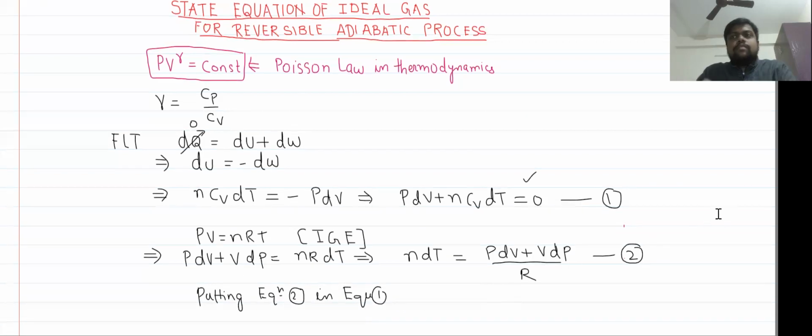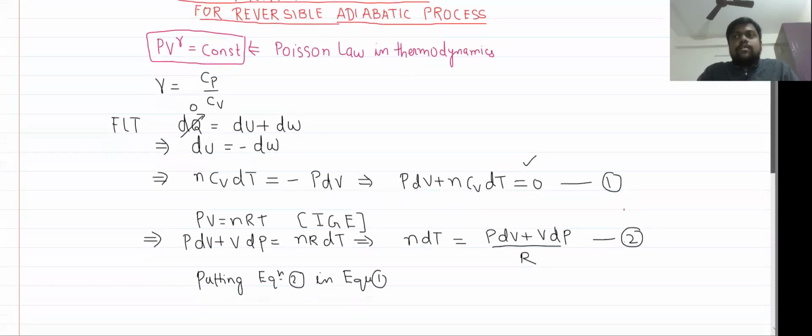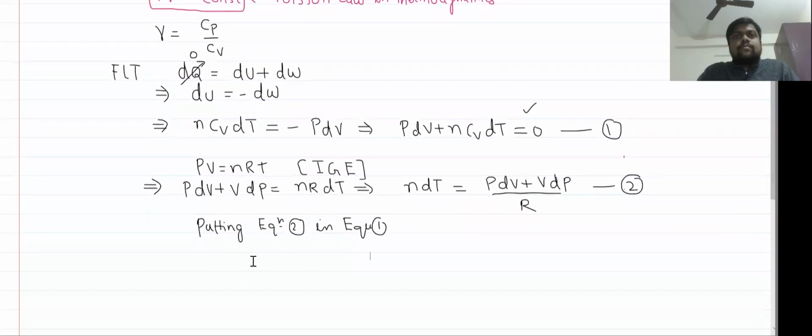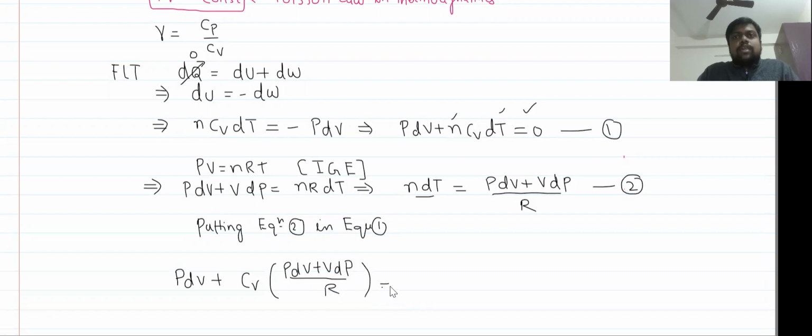If we put equation 2 in equation 1, we will get PdV as it is, plus Cv, n dT. n dT can be written from here as (PdV plus VdP) by R, equal to 0.